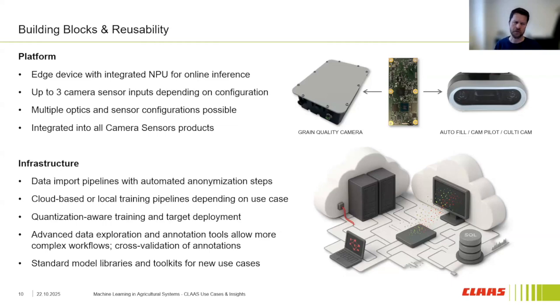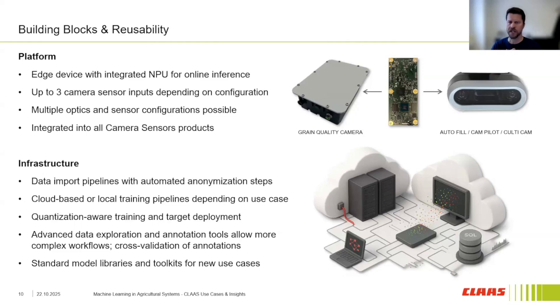Some of the infrastructure tools or building blocks that we have are automated data pipelines, meaning that when we record in the field, we can upload these data. It'll be anonymized automatically if that's applicable for the data in question. We have cloud and local-based training pipelines.